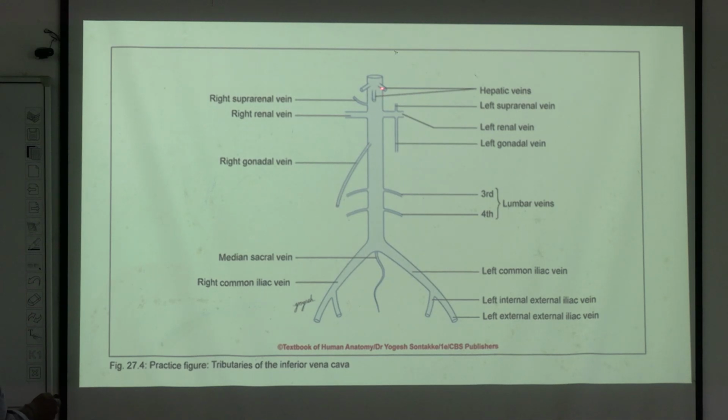Your hepatic veins. Now, this is the left suprarenal vein, right renal vein, this is the left renal vein, left gonadal vein here, left suprarenal vein, right gonadal vein, third and fourth lumbar veins, median sacral vein, right common iliac, internal iliac, left external iliac.